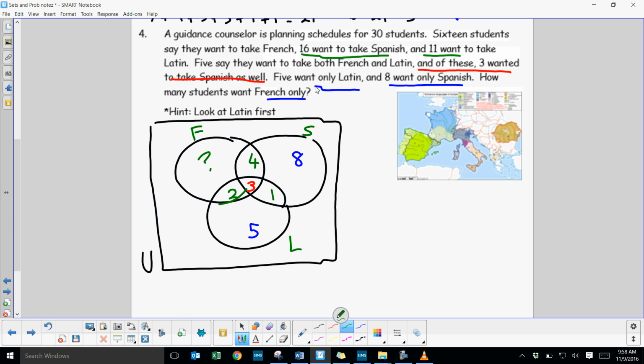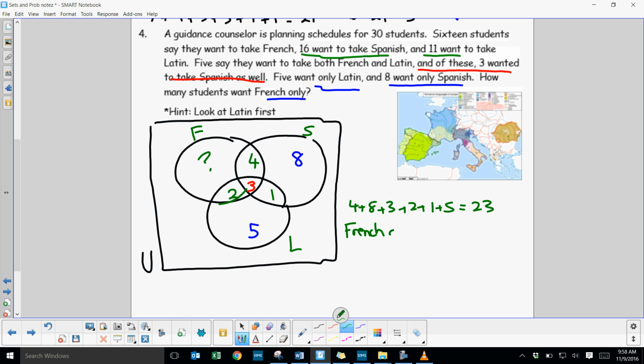If you add them all up, for example 4 plus 8 plus 3 plus 2 plus 1 plus 5, you will get 23. Let's check that. 4 plus 8 is 12, 12 plus 3 is 15, plus 2 is 17, 18 plus 5 is 23. So French only, I'll just make a little note of that.